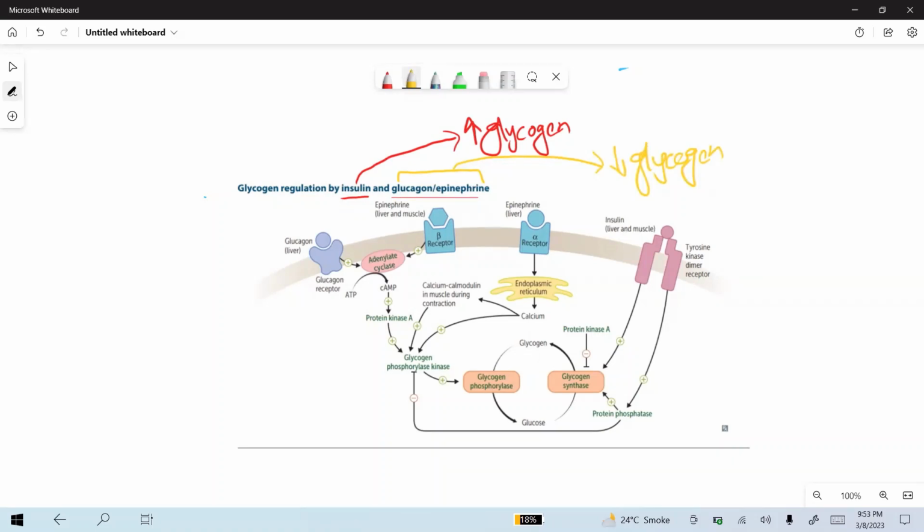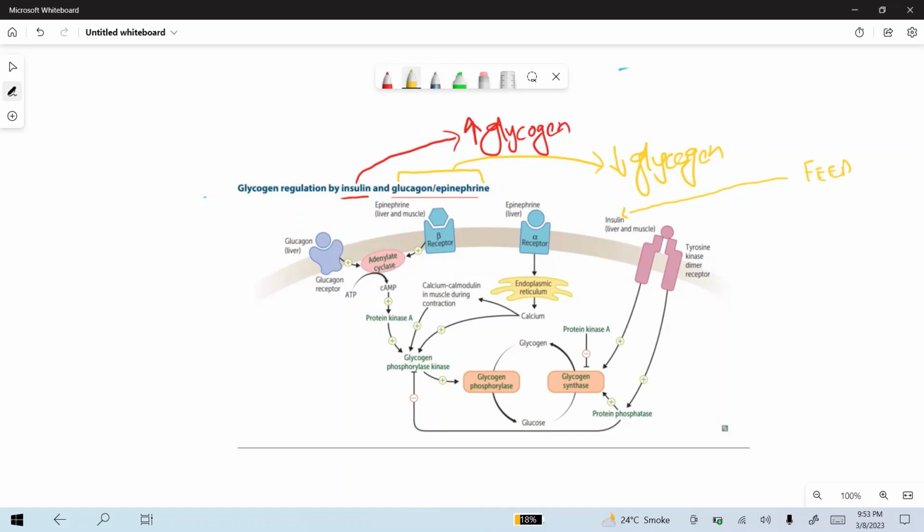What happens in the fed state? Insulin increases after the meal. This insulin acts on the liver and the skeletal muscle, where there is a tyrosine kinase receptor.